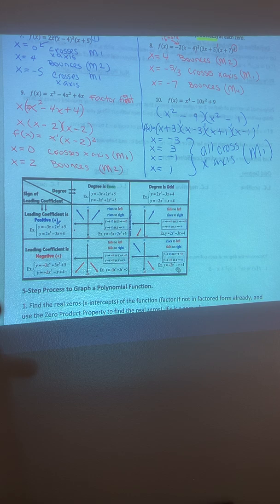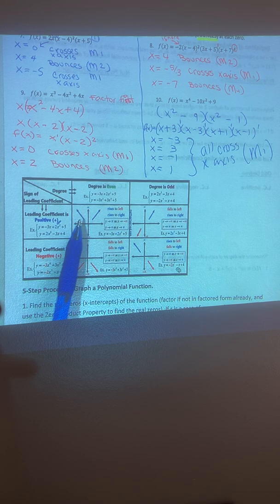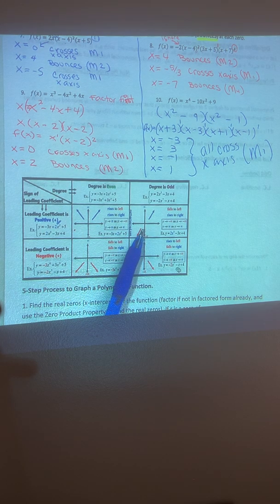Okay, so again, to help you remember, this is a little chart for my little hand movements: even positive, even negative, odd positive, odd negative.